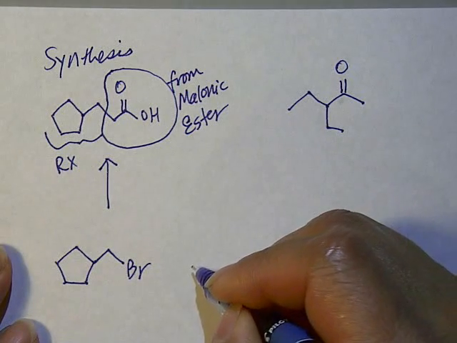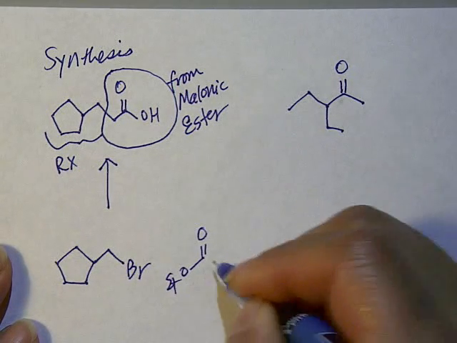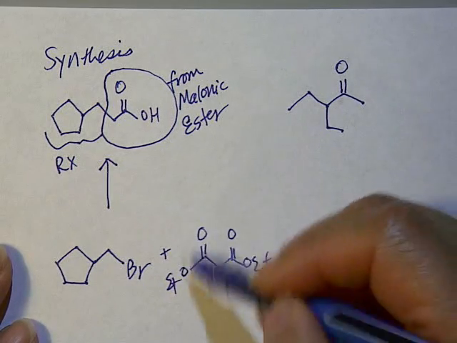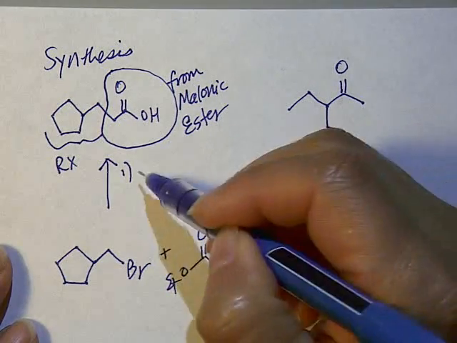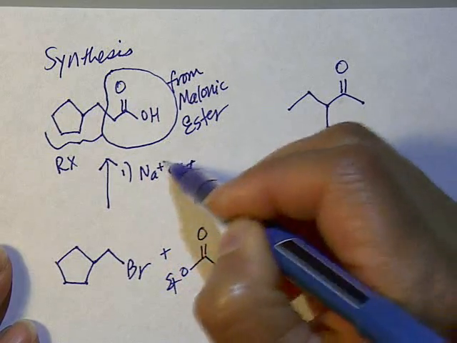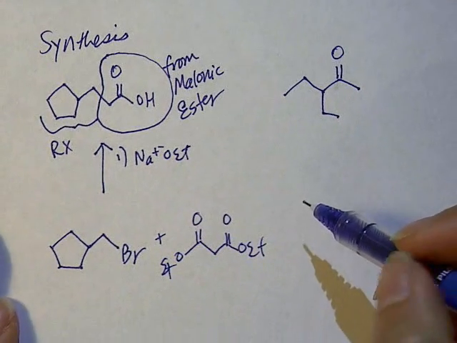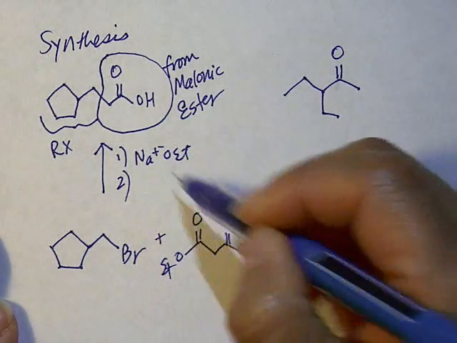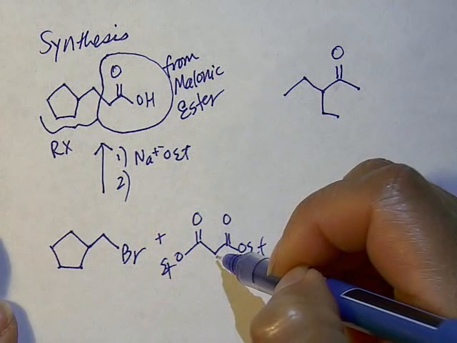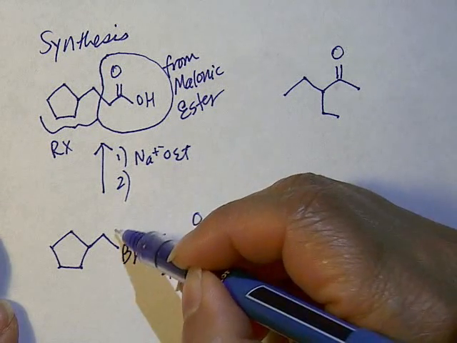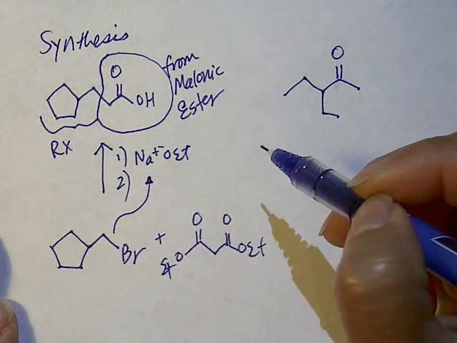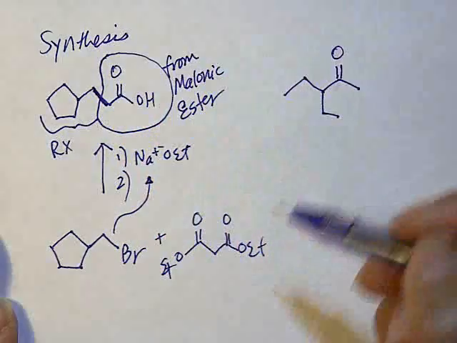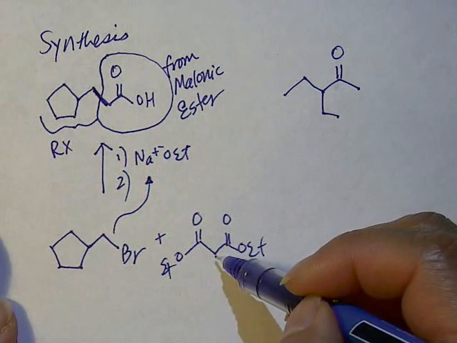So you have this, and then your first step will be to react with the base, and you don't need LDA, although I can't mark it wrong if you wrote that because it will do the job, but you only need sodium ethoxide to deprotonate because these protons are more acidic. And then 2 would be your Rx, right?